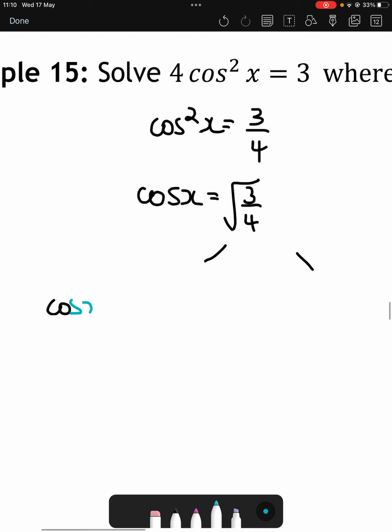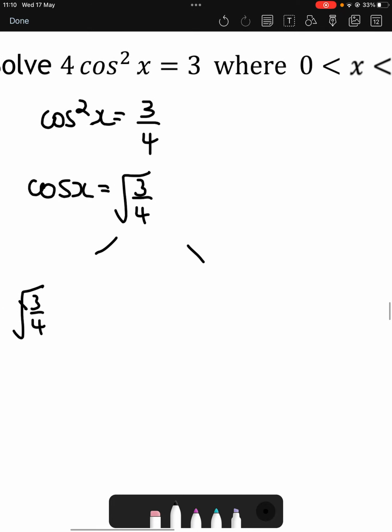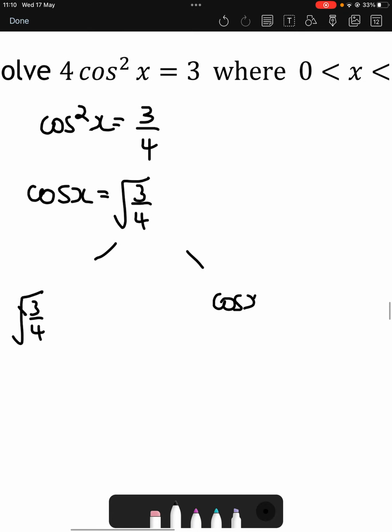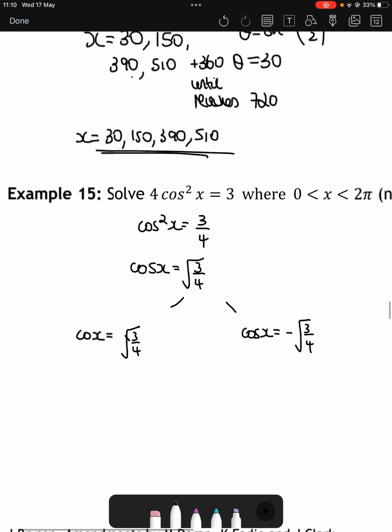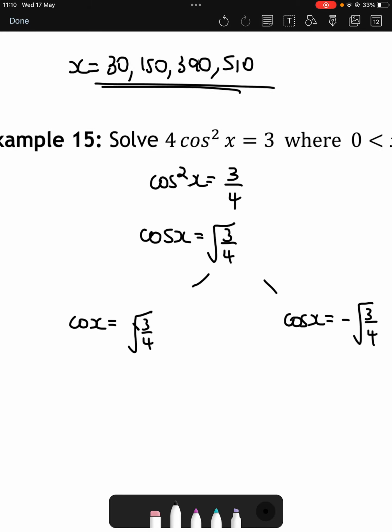Positive, and we get negative, I wrote a negative first, doesn't really matter. Negative and positive. Probably do positive first. So whenever you square root something, remember you get two answers.